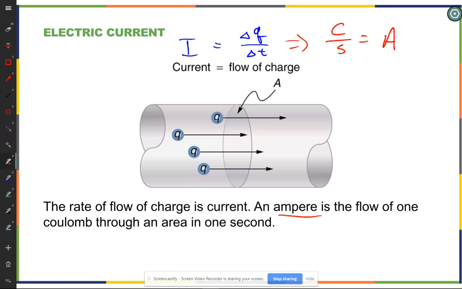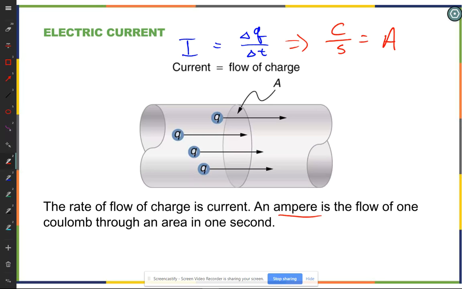And I think I mentioned this the first day of this semester, that current, 1 coulomb per second, is actually the standard. Like second is the standard for time. The coulomb per second, or ampere, is a fundamental variable. So I probably should just say amperes because it's fundamental.